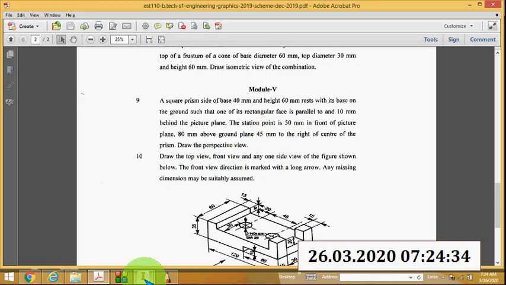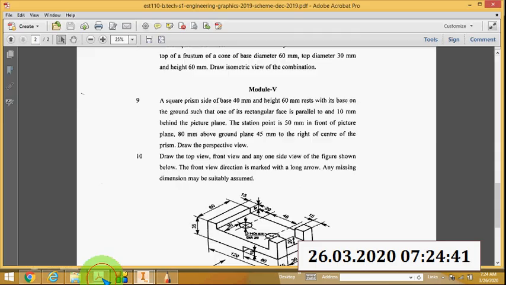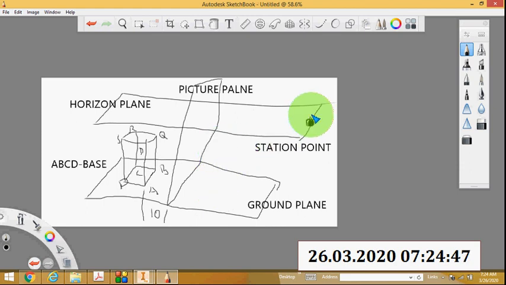Then next is the station point. Station point means the viewing point. So this point is the station point. This station point is 50 mm in front of the picture plane. So from the picture plane to this point, this distance is 50.